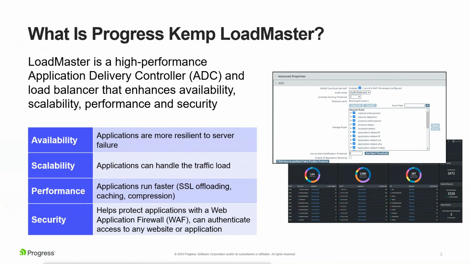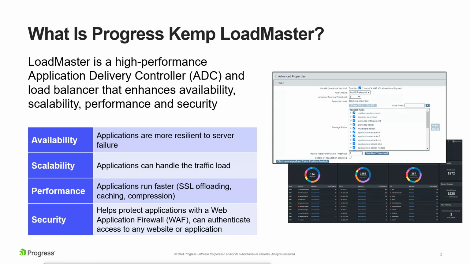Scalability, to handle traffic load for those published applications, having the ability to add additional application servers behind the load balancer to distribute traffic across them and support the traffic load. Performance, with caching and compression capabilities, as well as SSL offloading, as we'll discuss in more detail when we get into encryption.